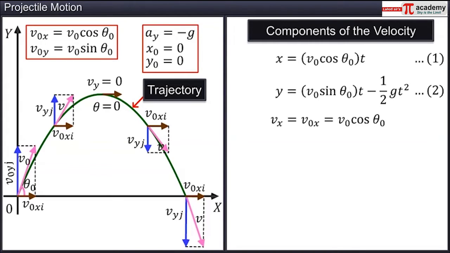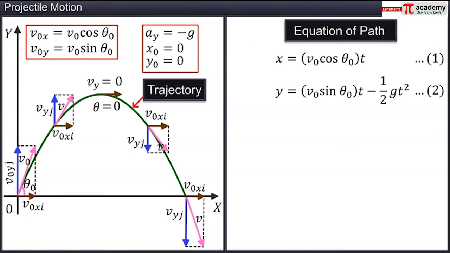Vx is equal to v0x, which is equal to v0 cos θ0, as the horizontal component Vx always remains constant. As the vertical component of the projectile has acceleration equal to minus g, it keeps on changing with time. Hence, Vy is equal to v0 sin θ0 minus g t.